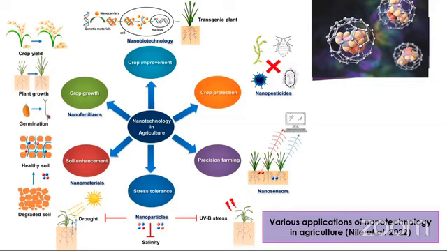These nanofertilizers and nanomaterials can reduce excess chemical fertilizer usage, thereby controlling environmental pollution. The applications of nanotechnology in agriculture are described in various fields like crop improvement, crop protection, even precision farming, and stress tolerance under stresses like drought, salinity, and UVB stress. Everything is shown here in a descriptive, tutorial manner.